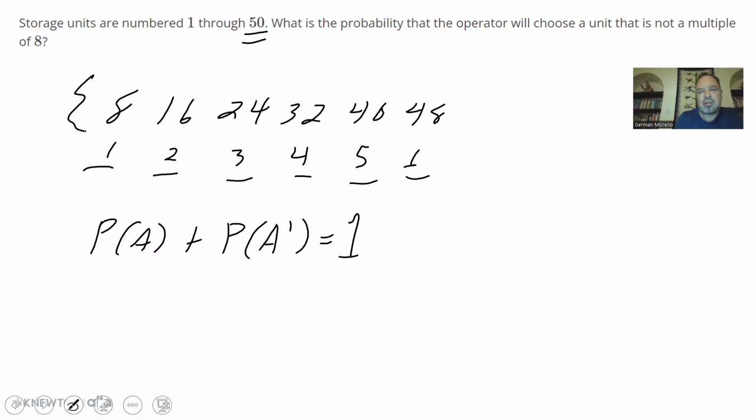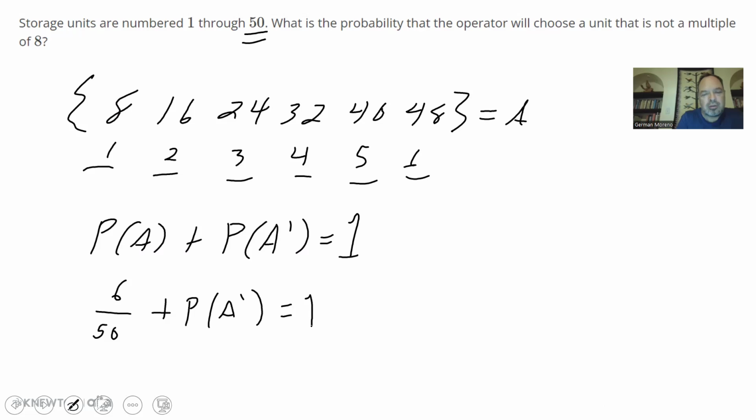So this is a set of things that are multiples of 8. So the probability that you're in that set is 6 out of 50. And so we're trying to find the probability that you're in A prime. So we'll do it over here.